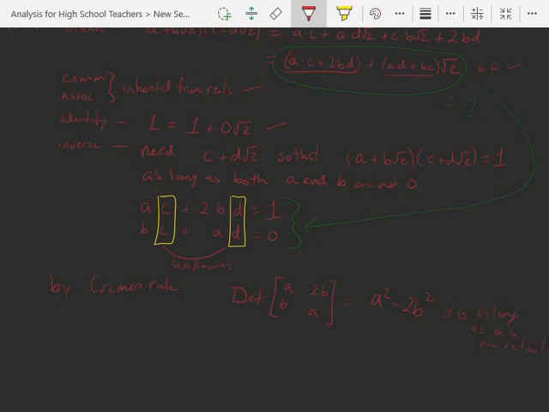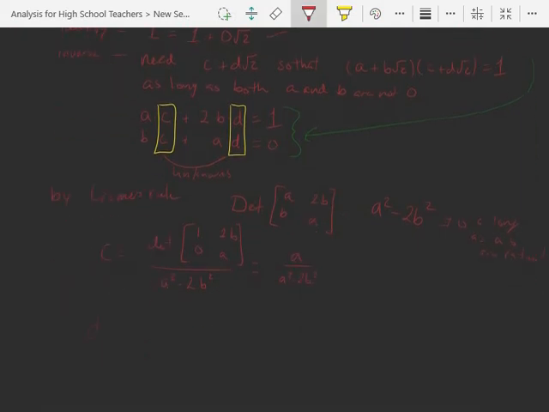And then c is going to be the determinant of, well, I replace a, b with 1, 0, and I divide it by this a squared minus 2b squared, which is going to be a, 0 times 2b is 0, over a squared minus 2b squared.